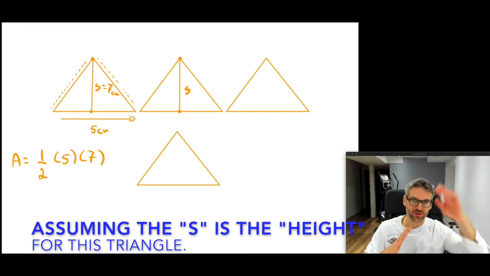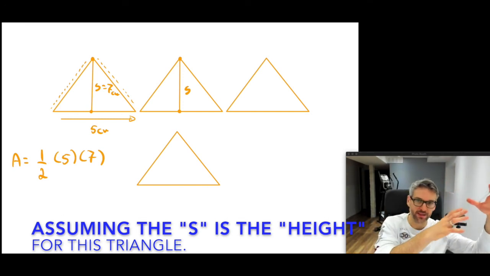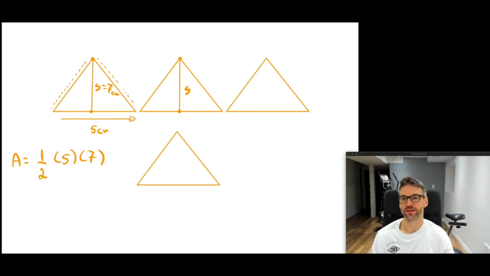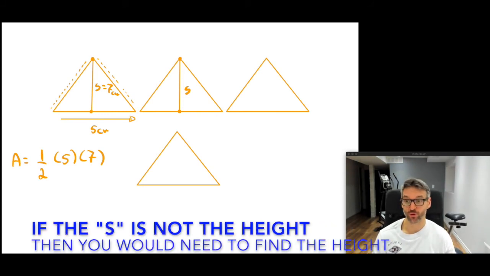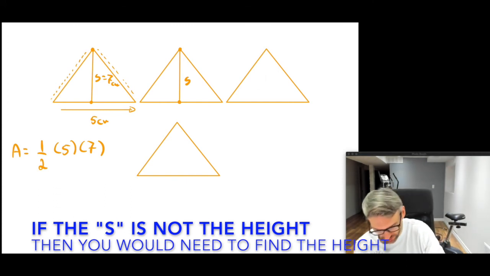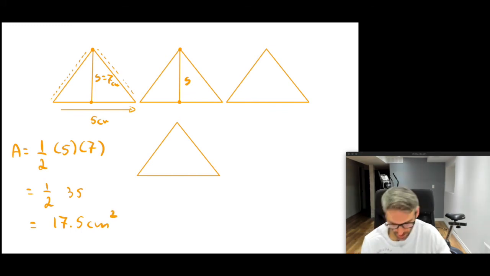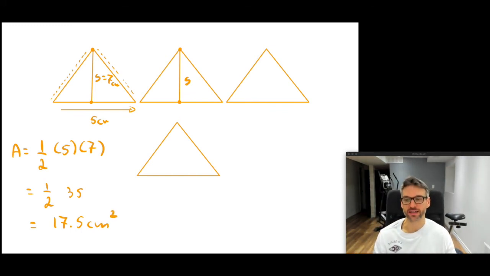If the slants are different or something like that happens, if it's a weird pyramid, not a proportional pyramid, let's assume that it is proportional like it is here, so all of them are kind of the same, so this is what you would get. All right, so this is 1/2, this is 35, and this would have been 17.5 centimeters squared for your area of each.